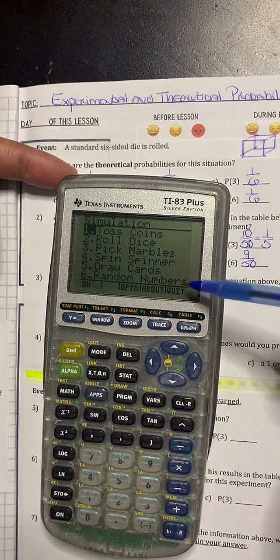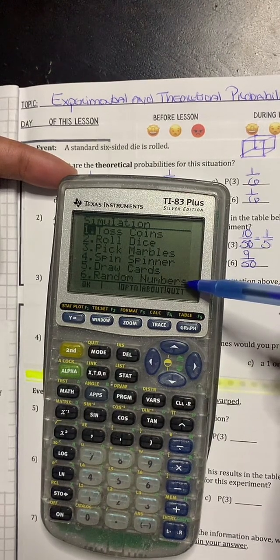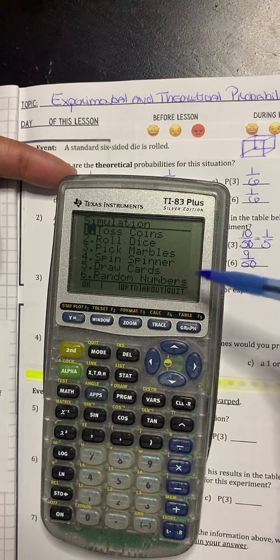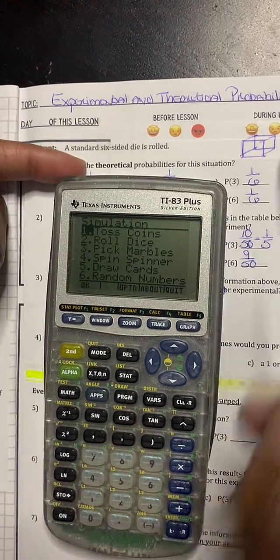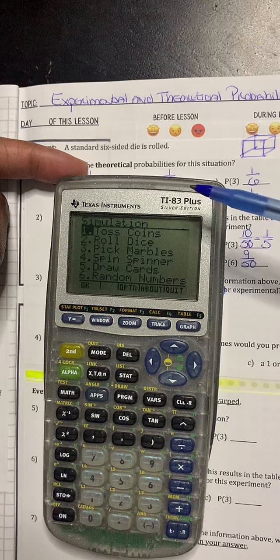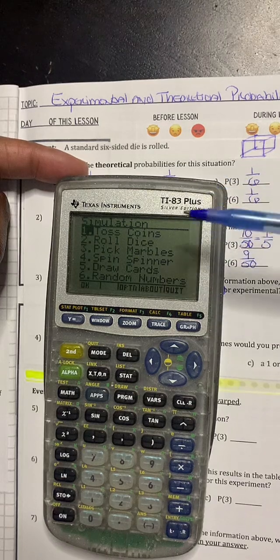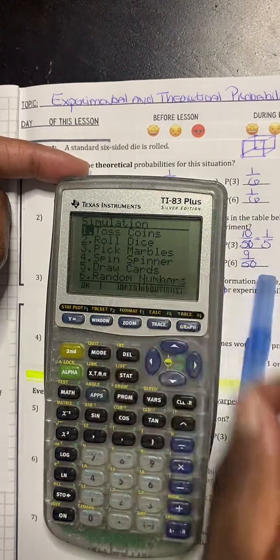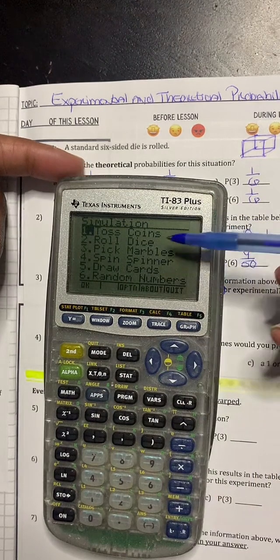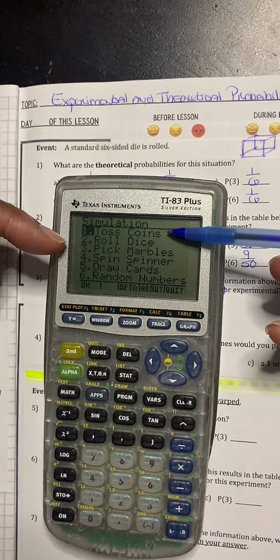As a teacher, I use this a lot to figure out who should go first, second, third, because in the classroom, no one wants to volunteer. If you ever want to do something at a high rate, instead of sitting there flipping coins all day looking like a crazy person, you can have the calculator do the simulation for you.